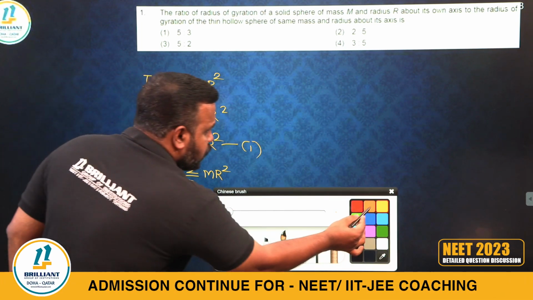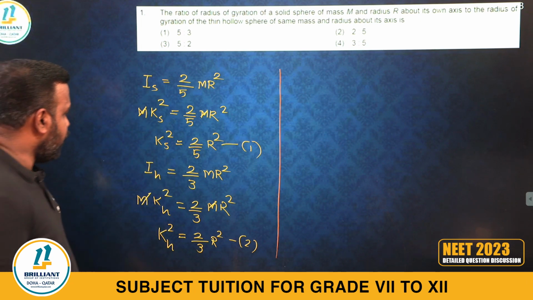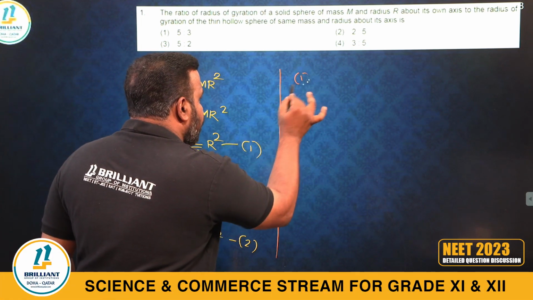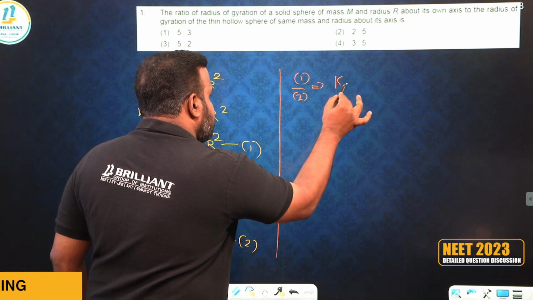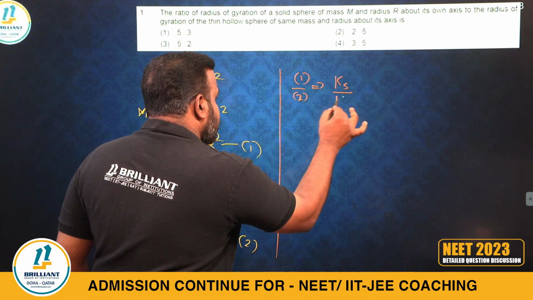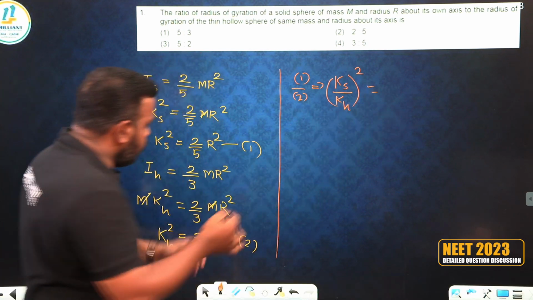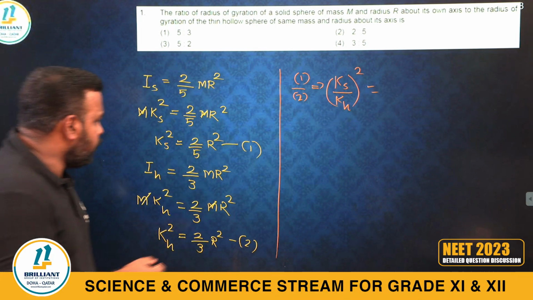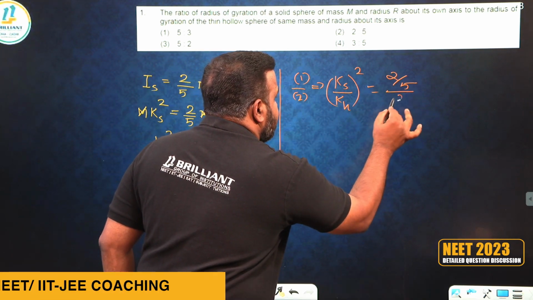They're asking the ratio of radius of gyration, so I'm dividing equation 1 by equation 2. What will be the result? It is ks by kh whole square, and if you are taking the ratio, r square will be cancelled. It is 2 by 5 divided by 2 by 3.